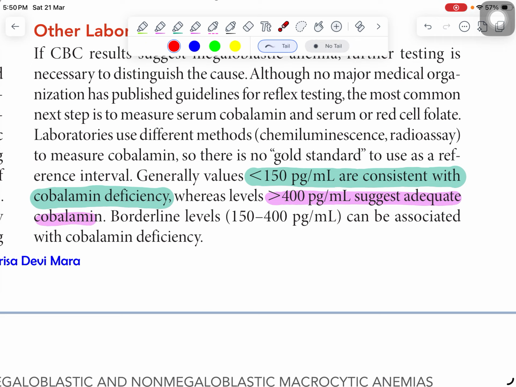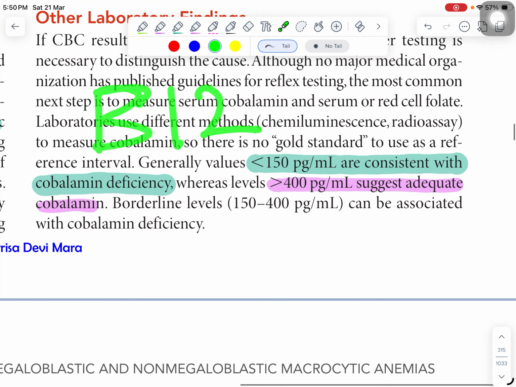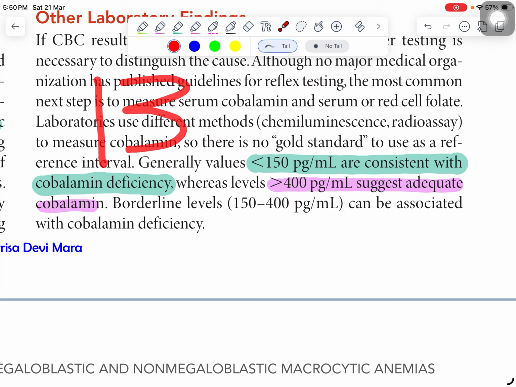So how do you remember this one? B12, right? In the B, if you are writing B like this, B12 like this, then in place of B there is a 3. If you split B, it will become 3.